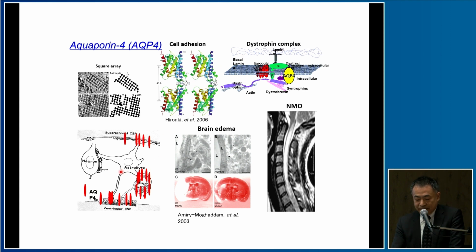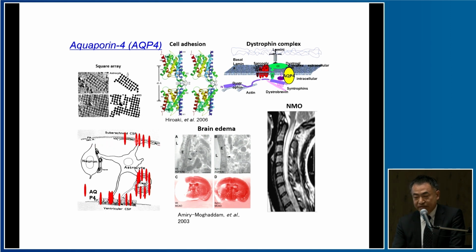As I told you, aquaporin 4 is mainly expressed in the astrocytes, but not diffusely in the astrocyte plasma membrane. It is exclusively expressed in the processes surrounding the brain capillary blood vessels, lining the ventricles, and on the surface just beneath the pia mater.